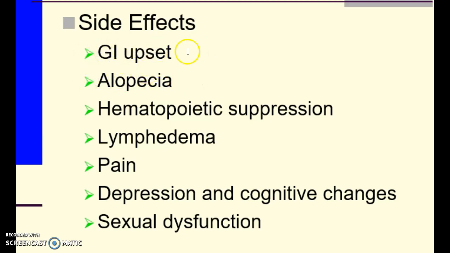Almost every chemotherapy will cause some sort of nausea, vomiting, GI upset. Some will cause hemopoietic suppression. So this is when you have red blood cell, white blood cell problems. Patient becomes neutropenic, that kind of thing. Lymphedema, pain, depression, cognitive changes and sexual dysfunction.